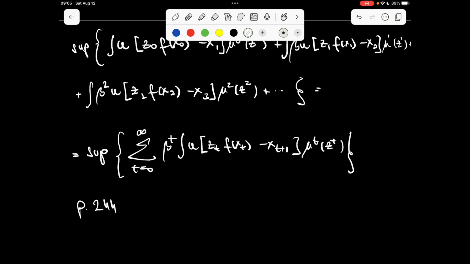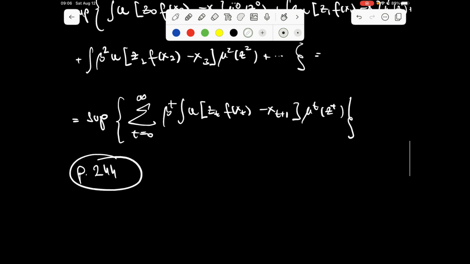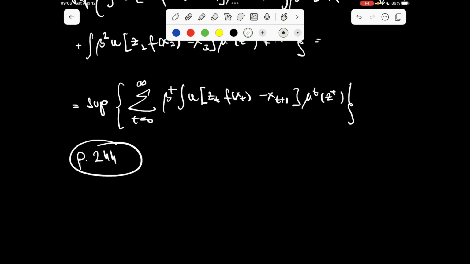We calculated the value of plans. So we were thinking in terms of the material covered on page 244. The supremum is the supremum of plans. So this is the reason why we formalize the problem in this way. When we calculate the supremum, we calculate the supremum of plans.